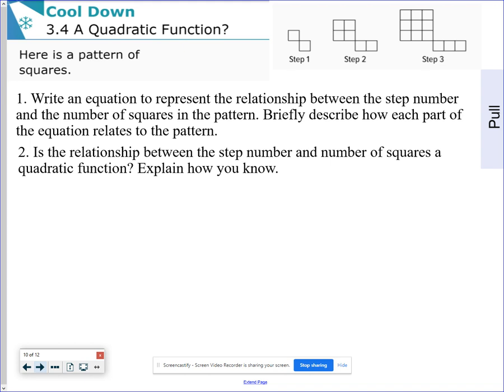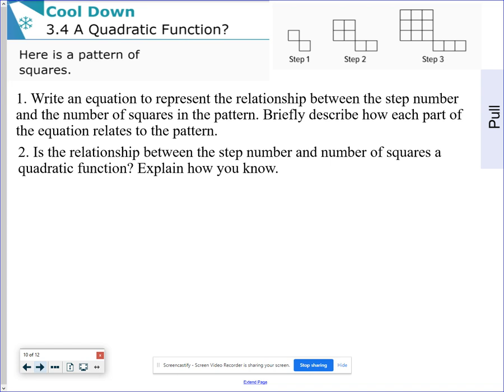All right. This cool down, now we're looking at this new pattern of squares. It says write an equation to represent the relationship between the number, step number, and the number of squares in the pattern. Briefly describe how each part of the equation relates to the pattern. So we're going to talk our way through this. But again, remember, we're looking at quadratic things. We're looking at squaring something.